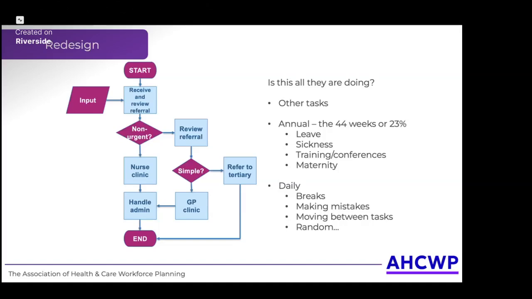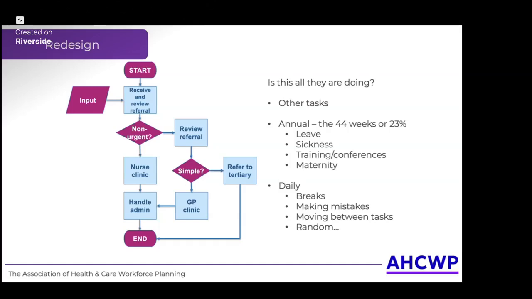Don't forget also the concept of downtime, by which I mean that whilst it's all very well saying this step takes this long, on occasion things can happen that you don't take account of, and also people will need time to move between tasks. So that downtime can sometimes be anything up to 30%, potentially even more, of people's time spent moving between tasks or whatever else. So don't just add everything together if you are modeling things.